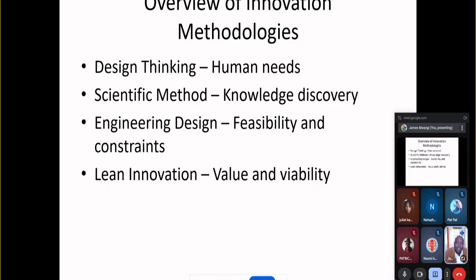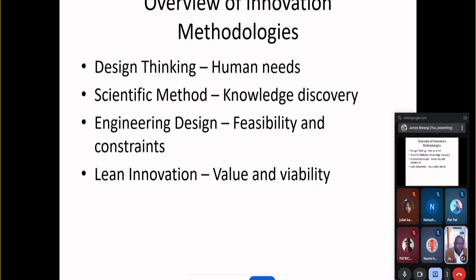So we have the design thinking, where we think of human needs. Then we have the scientific method, which is the knowledge-based, knowledge discovery.